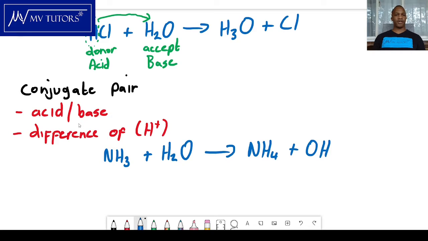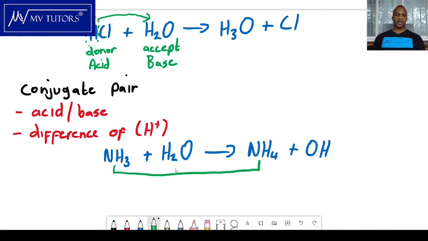So first of all, we said it's a pair of an acid and a base. So that's what we're looking for, an acid paired with its base, and they should have a difference of H between them. Now if you look at NH3, it definitely has to be paired with NH4 because they look similar.